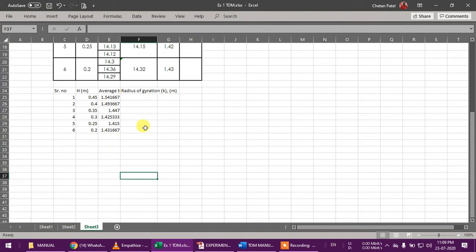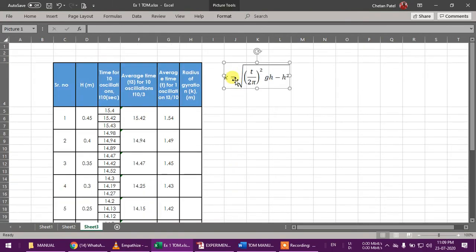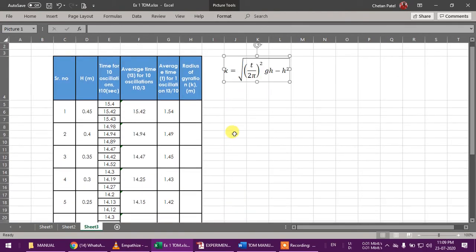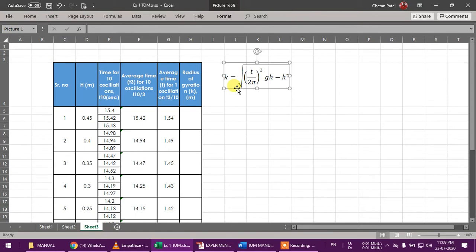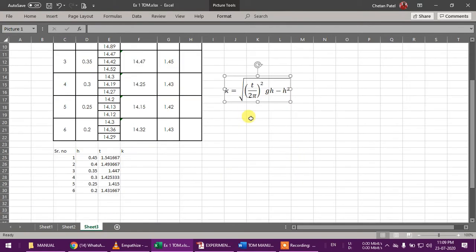Okay, so we have all the data here. So this is H for me, this is time period T for me, and here I need to find K. So what is K? As shown in this equation. Let us drag this equation nearer to the values for our simplicity.